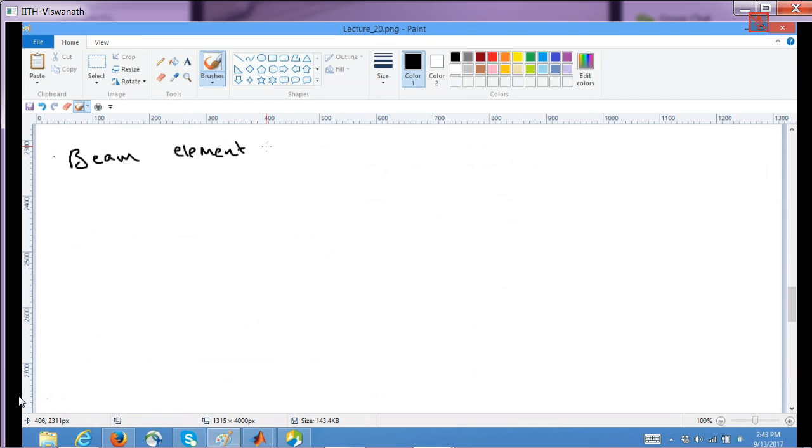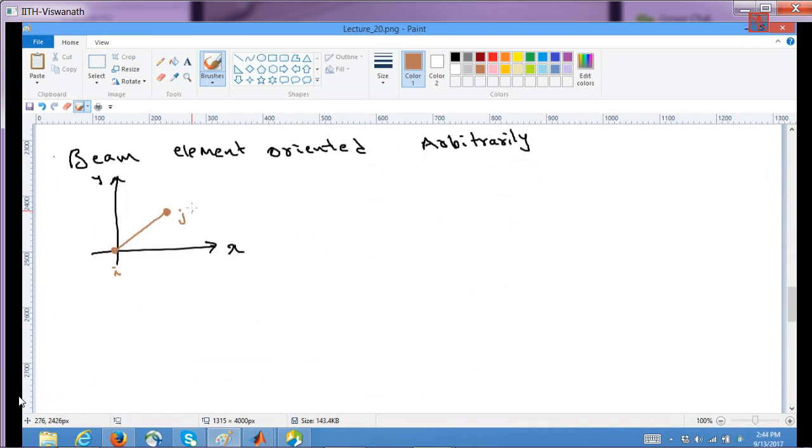Oriented arbitrarily. So if this is your coordinate system, let's say the beam is oriented something like this. This is the ith node, this is the jth node, or simply 1 and 2.